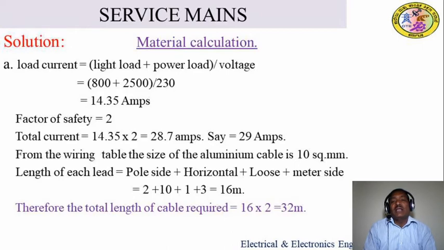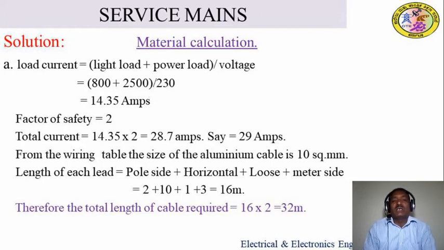From that aerial pole to the distribution service line, the service wire required is 2 meters, which we call the pole side, or sometimes 3 meters depending upon the customer requirement. If the pole height is more, we go to 2 meters, or it could go to 3 meters also.